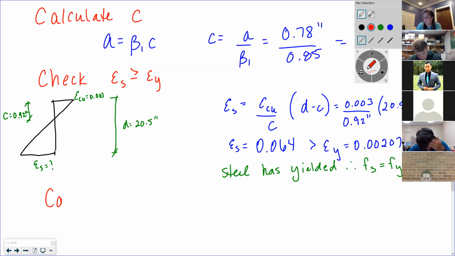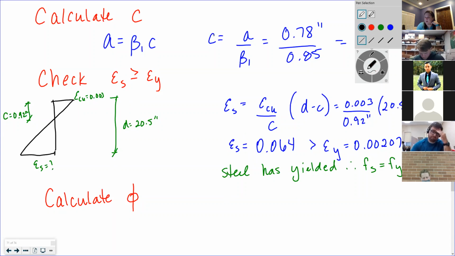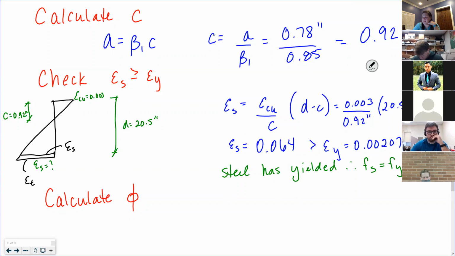Let's see. So my phi is based off of my tensile strain, right? In the extreme tensile. Now the thing is, if this is my strain in my steel, this is the strain in my extreme tensile steel.